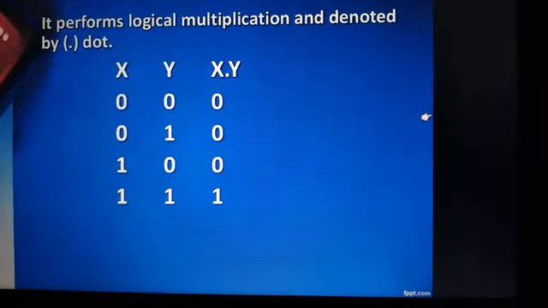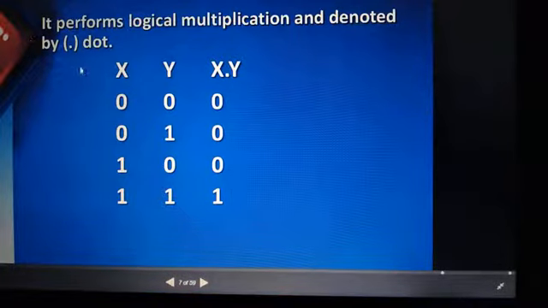Here is the AND operator. It performs logical multiplication and is denoted by a dot. The AND operator is basically used for multiplication, which everyone is aware of.